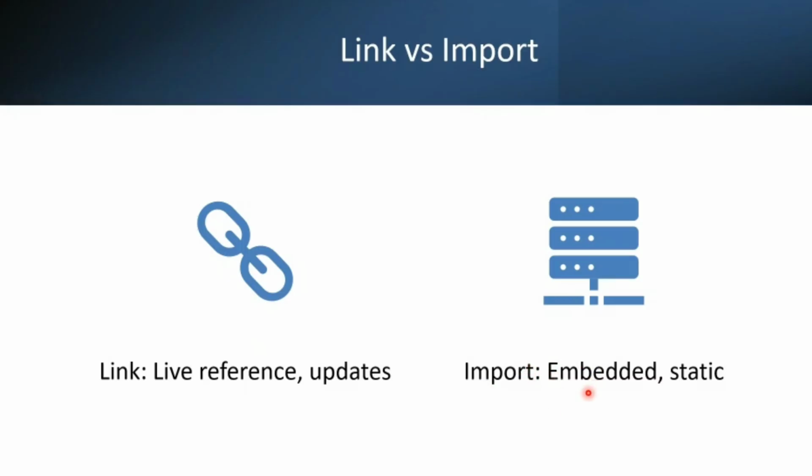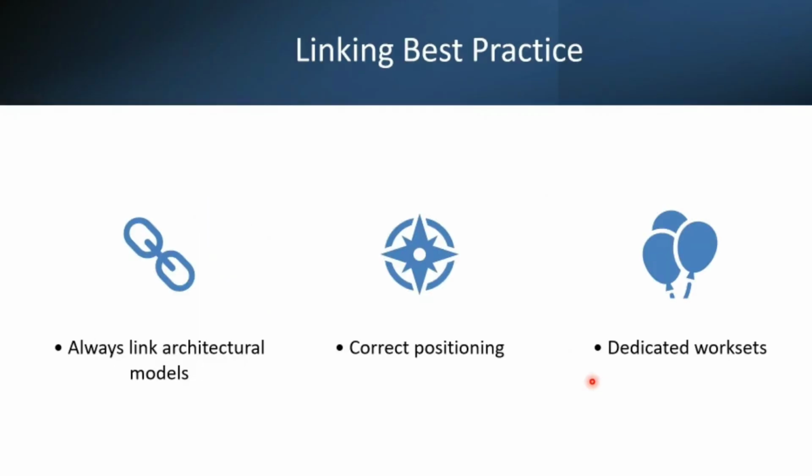Importing means that you just have a static, embedded file in your project, and it's not dynamic, so it does not help with coordination and collaboration. So the best practice is to have linked models and always try to link architectural models and site models.